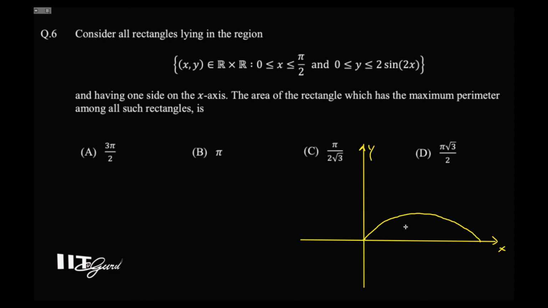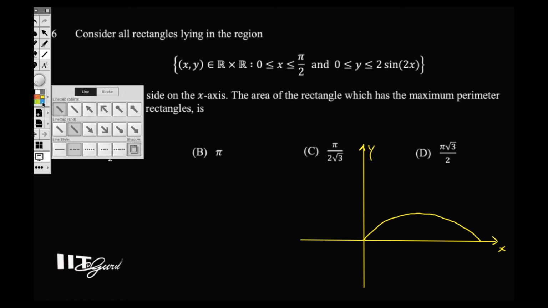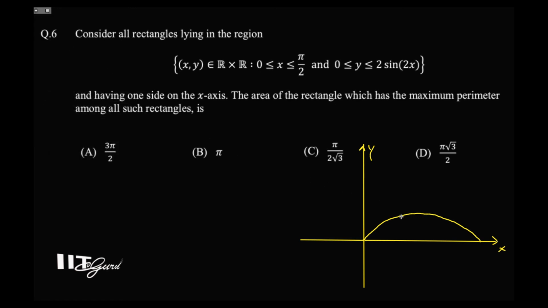Here you draw the rectangle somewhere here, and name its points A, B, C, and D. So this point will be pi by 2, and here it will become pi by 4 as the argument is doubled.